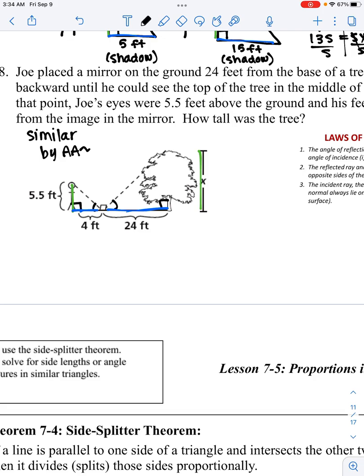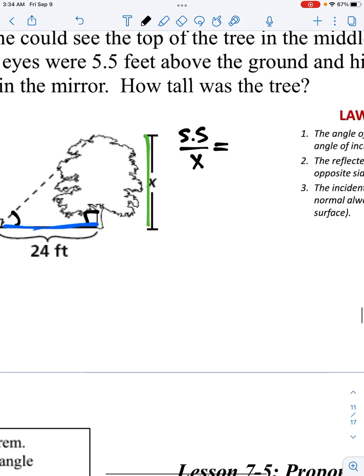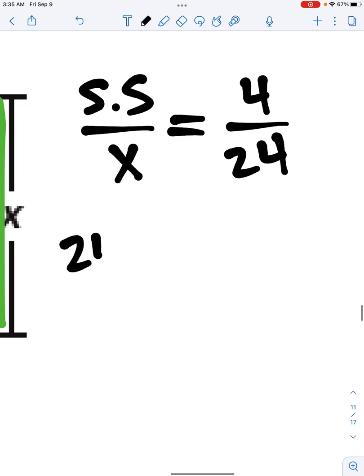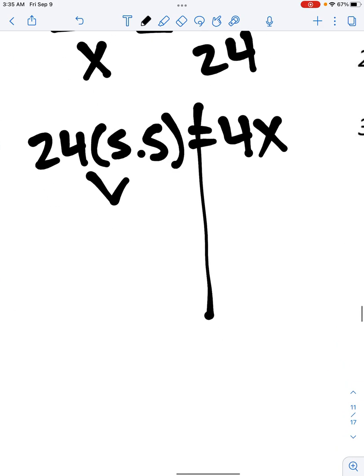proportion. So we can do 5.5 over x for those green ones, and then 4 over 24, and then cross multiply. So 24 times 5.5 equals 4x, and if we multiply those, we get 132.